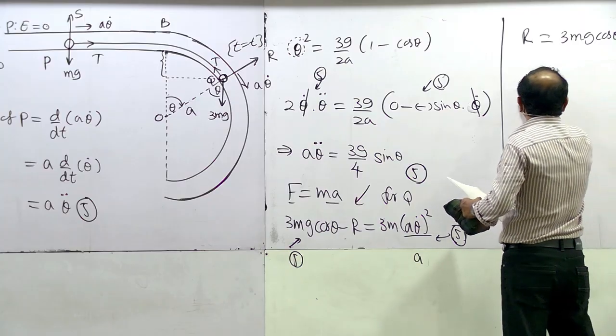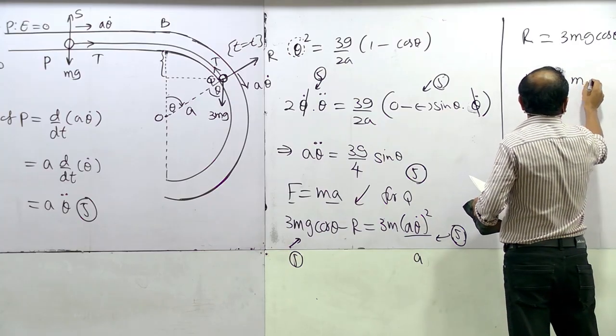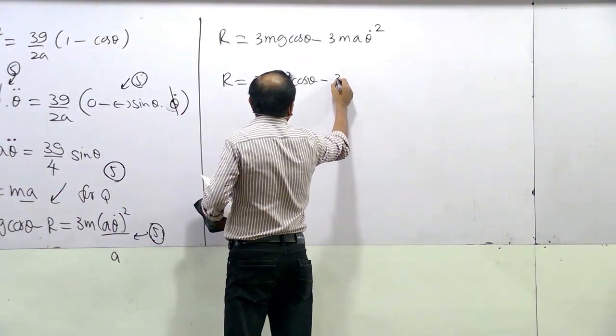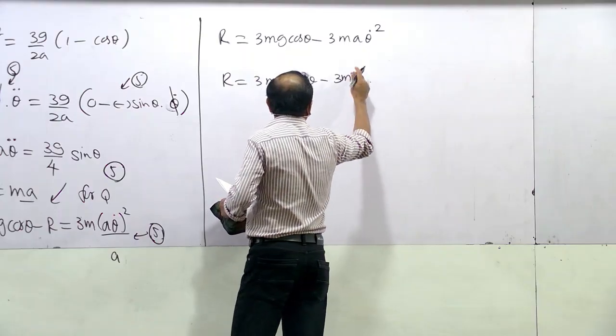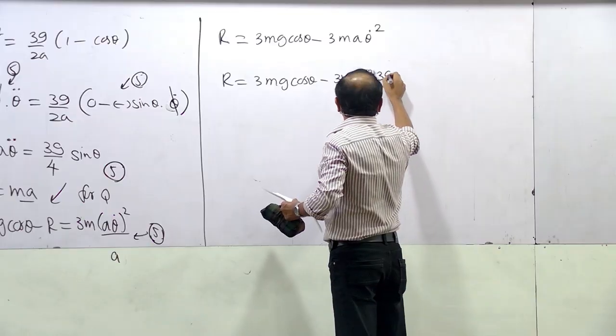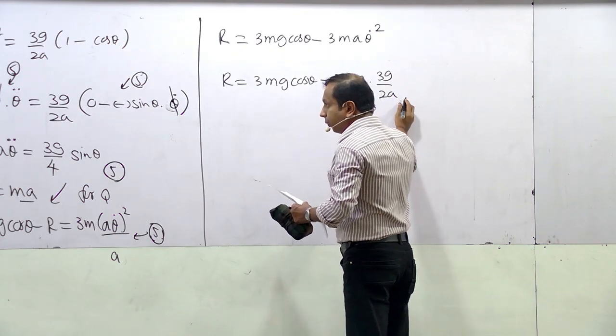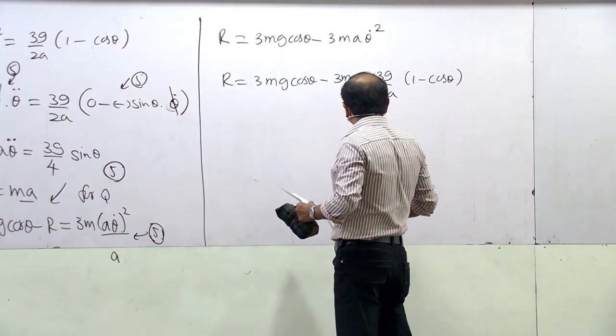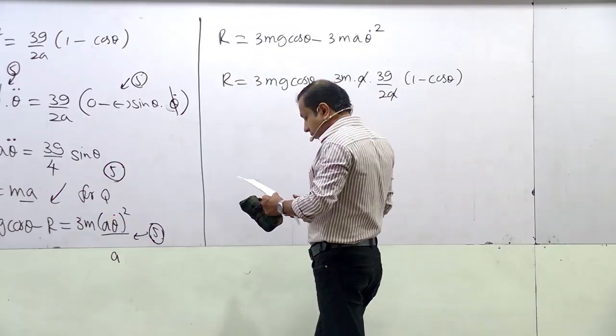R is equal to 3mg cos theta minus 3m a theta dot squared. For theta dot squared, there we have 3g divided by 2a (1 minus cos theta). Right. A and a you can cancel down.